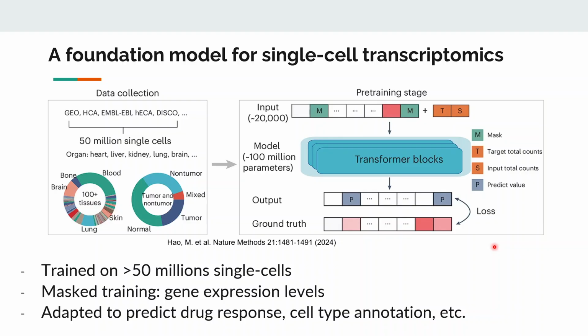In this example, people want to create a foundation model that can be adapted to any single cell transcriptomic data. So they train the model on millions of single cells from different tissues, from different parts of the body, from different diseases. If you remove the expression level of a gene and the model can predict it, that means the model understands how gene expression from other genes can determine the expression level of the missing genes.